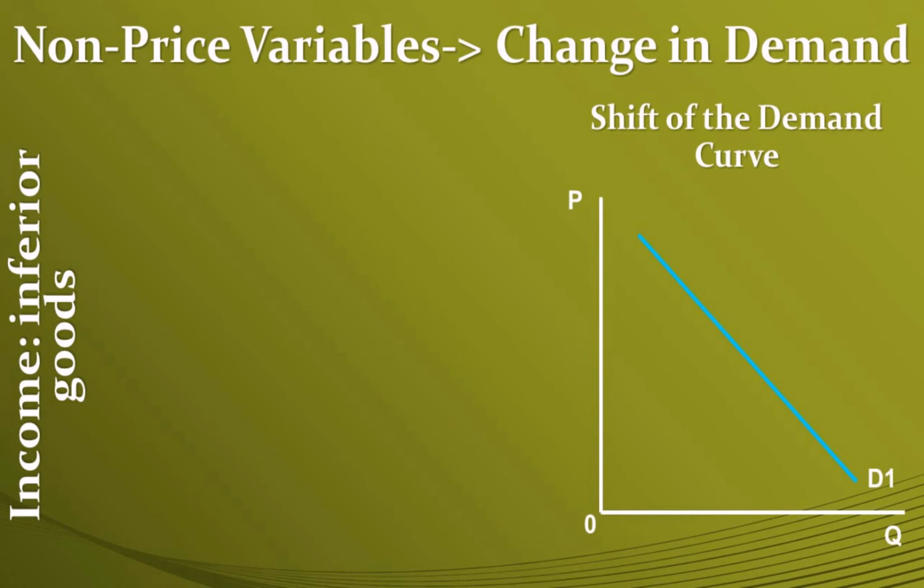Let's say that your monthly income is around 10,000 pesos. What happens is that when your income increases, your demand of certain goods will decrease. This is the case of inferior goods.